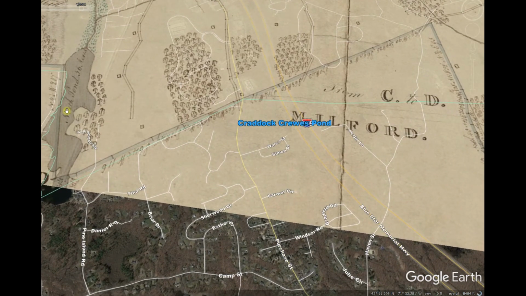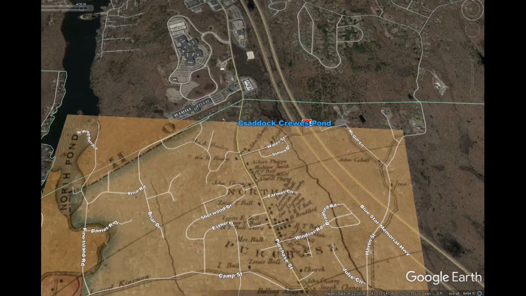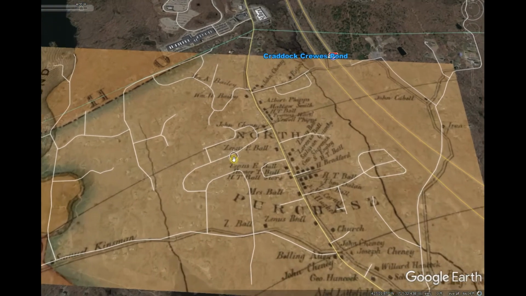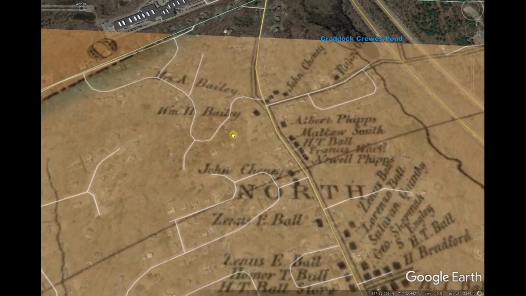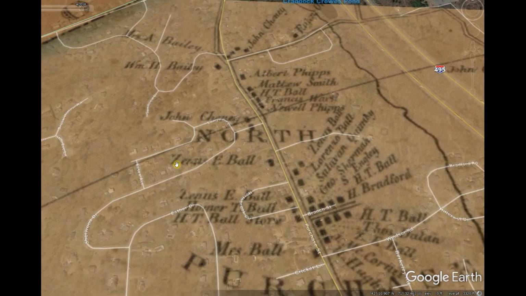And I'm going to now drop a map of Milford from 1851 into our view here. And we're going to take a little trip back in time and take a look at the Ball family.